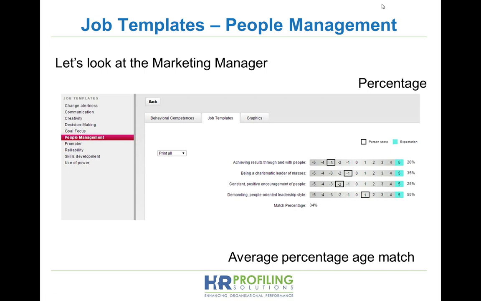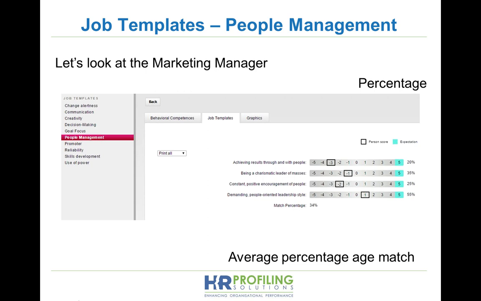So we're looking at the marketing manager here, and we've based the job template competencies on the Open 360 questions. The job template gives each competency a percentage match against the candidate's natural behavioural style. It then gives you an overall percentage match. Is that right, Safi? That's right. So you get a percentage match for each competency, and then you get an overall percentage match.